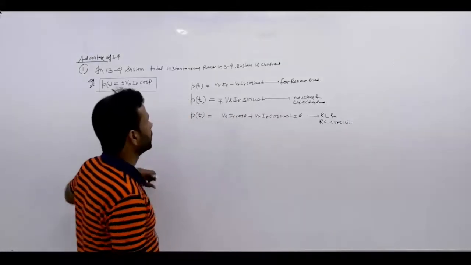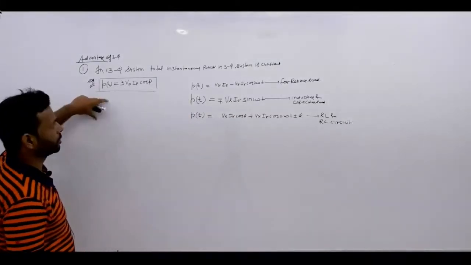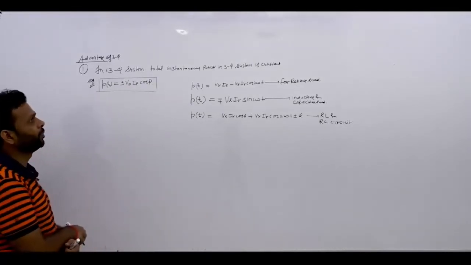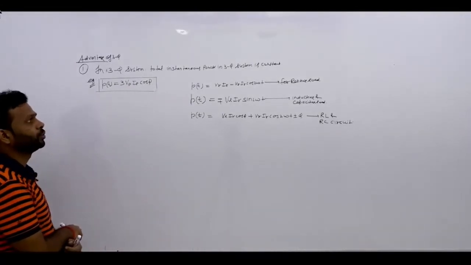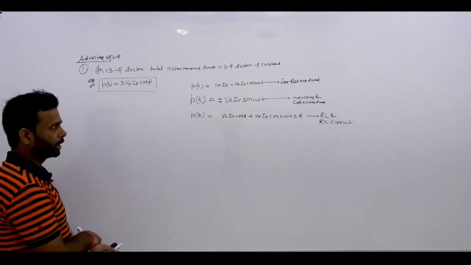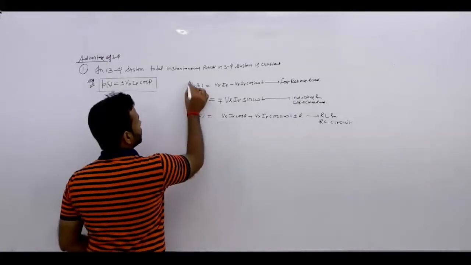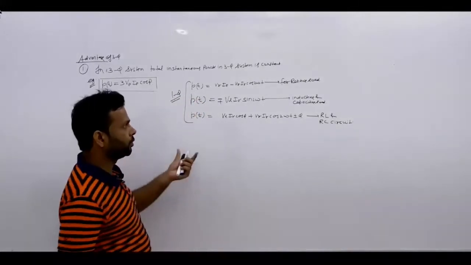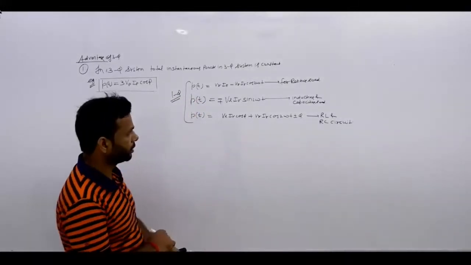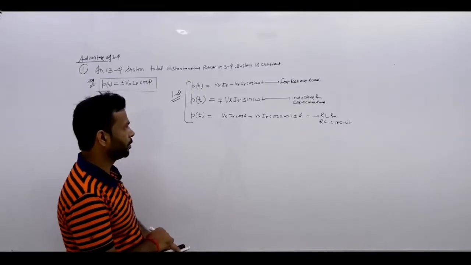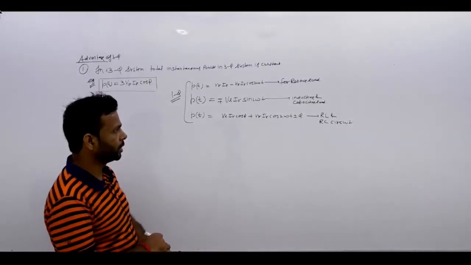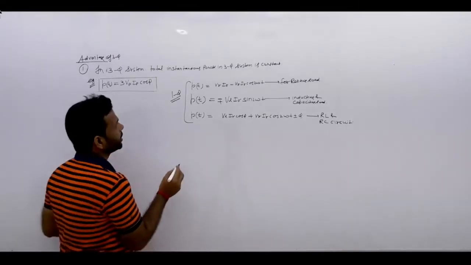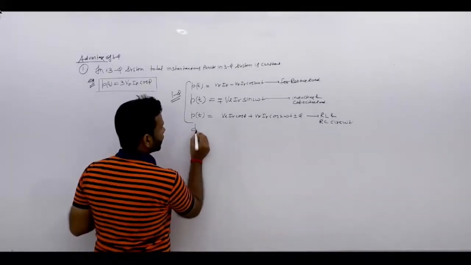So first compare: in the three-phase system, the total instantaneous power is constant. That means it does not depend upon time, and there is no double frequency component. But in the single phase system, for purely resistive load, purely inductive load, purely capacitive load, and for RL and RC load, the instantaneous power is time dependent, and this instantaneous power has a drawback.